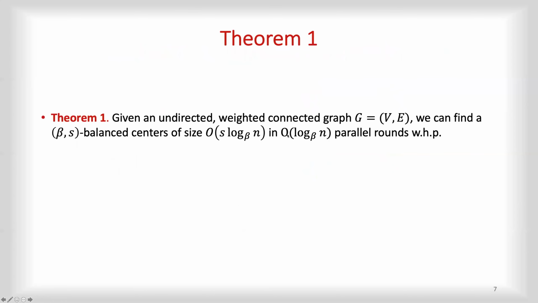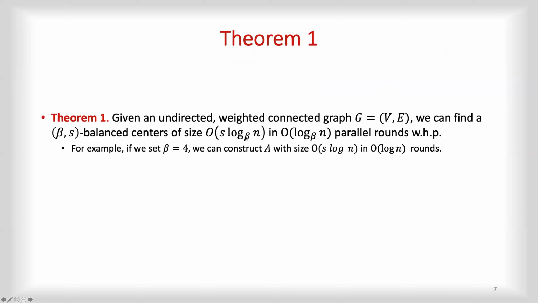The following theorem establishes that our algorithm takes O of log n in the base of beta parallel runs to give us O of s times log n centers.